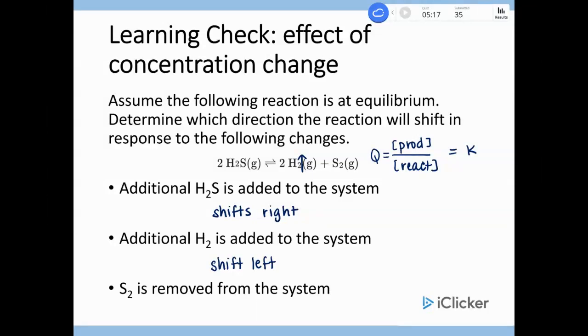And then the last one, if we are removing S2 from the system, then we're decreasing product concentration. To accommodate the decrease in product concentration, the system will shift to produce more product. So reestablishing equilibrium, if we've got less product present, then the reaction shifts to the right to produce more of that product. So this one shifts right.